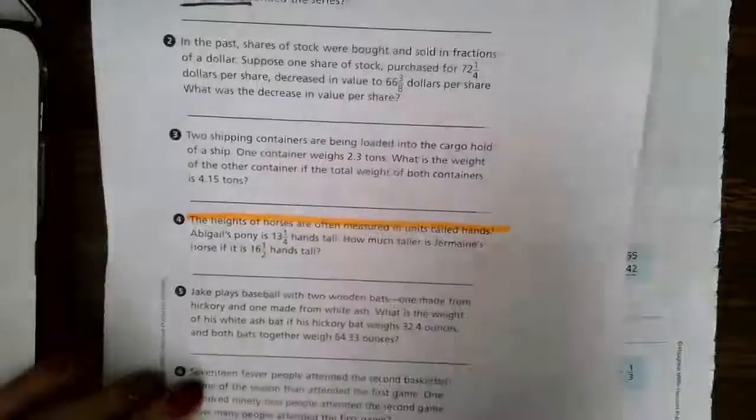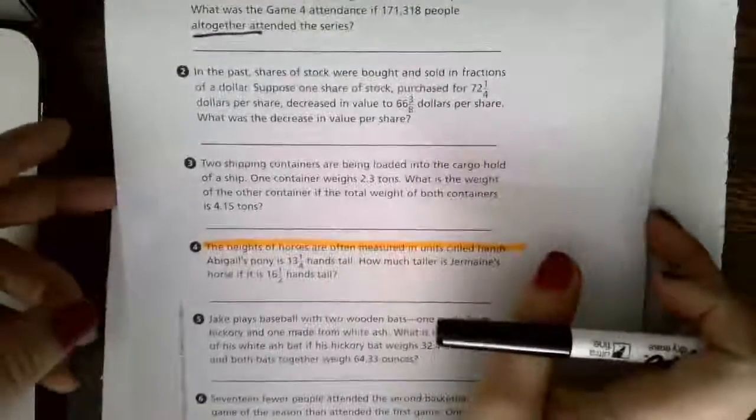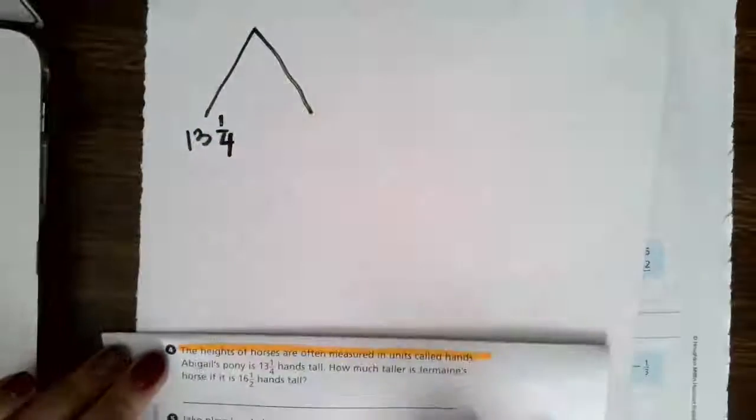Let's start with doing a math mountain for this problem. My math mountain, I'm going to start by just drawing my mountain. In this case, I'm comparing two horses. That first horse is 13 1/4 hands tall, and I can put it right there.